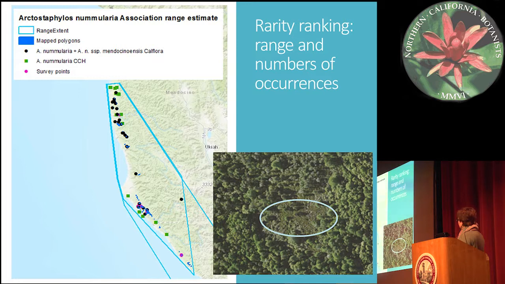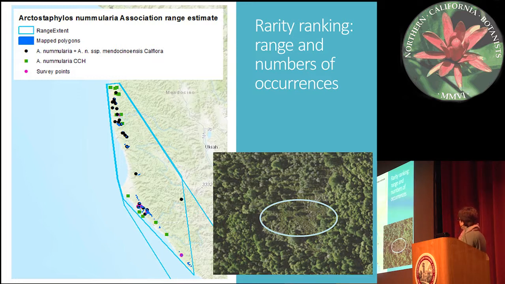So we put in the polygons that we've mapped, and then we look at where we've sampled. Perhaps we haven't mapped because it was below MMU. And then we also look at occurrences in CalFlora or the consortium. Because some of those might just be occurrences of the plant and not the actual community, we look on the imagery and see if it could be forming stands there.